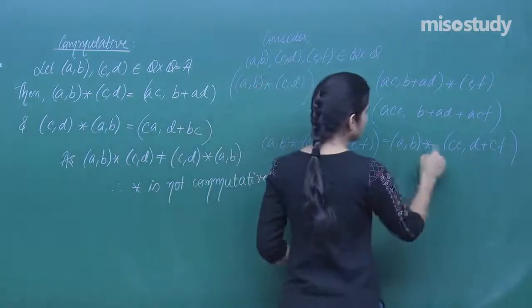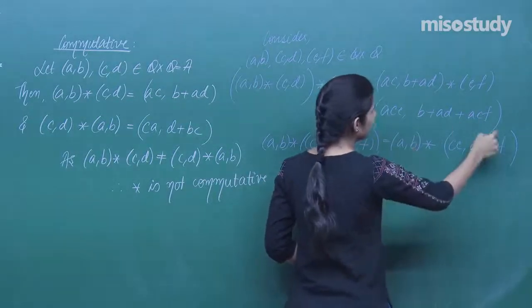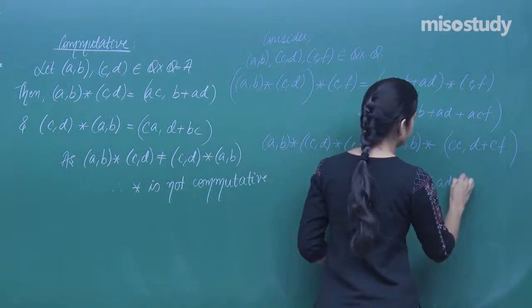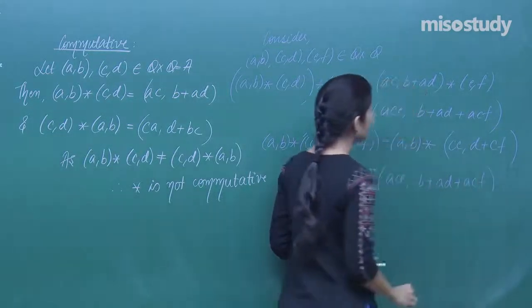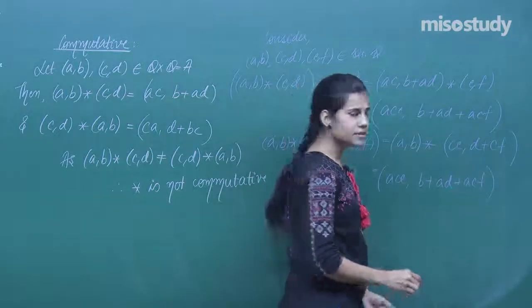Now (A·CE, B + A(D + CF)). So (ACE, B + AD + ACF).